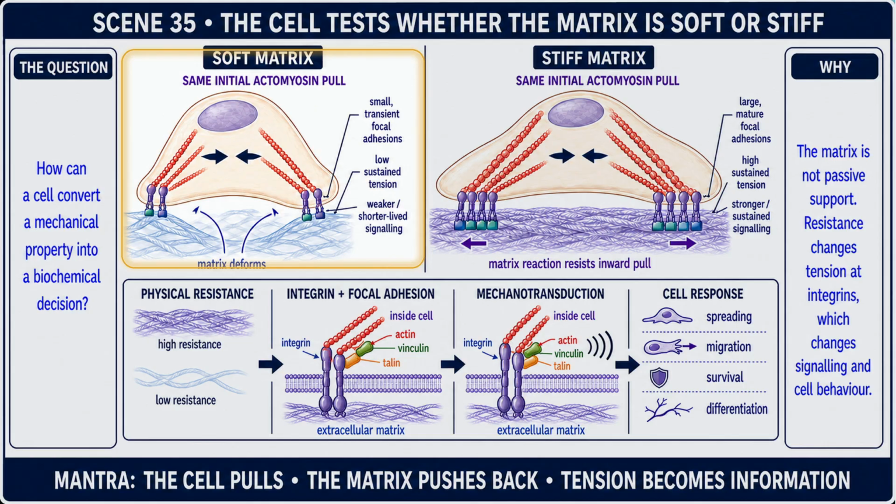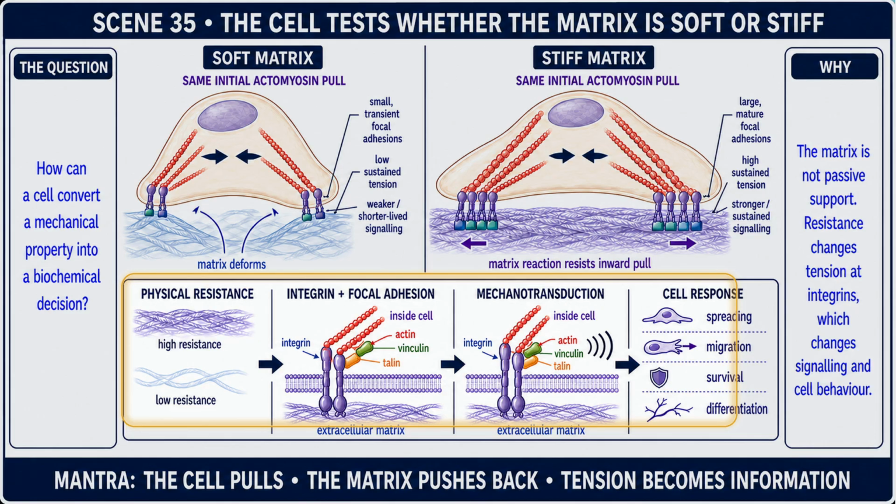Focal adhesions tend to remain smaller and more transient, and the mechanical signal is shorter-lived. A stiff matrix resists the same inward pull. Its outward reaction maintains tension, promotes the growth of mature focal adhesions and stress fibers, and can sustain intracellular signaling.